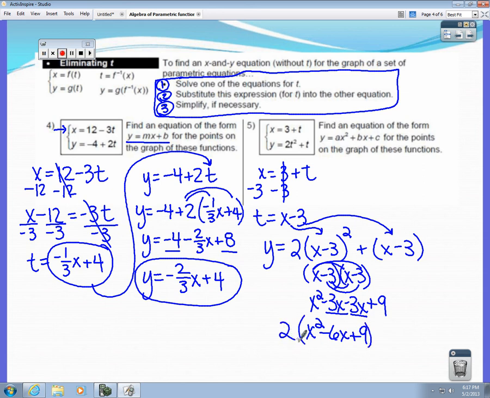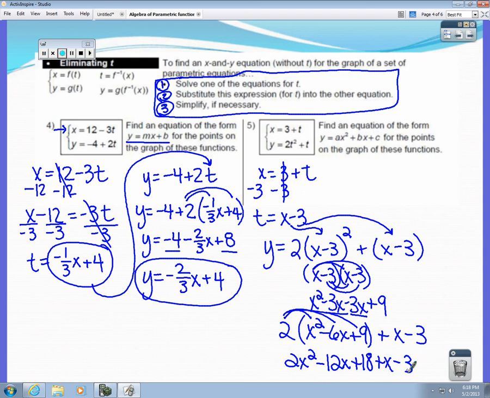In front of that I had a 2. And I'm just going to remove the parentheses from the back part because there's nothing to multiply or really to do with that. So next step would be to distribute the 2, to multiply the 2 times each term in the parentheses. So I'm going to have 2x squared minus 12x plus 18 plus x minus 3.